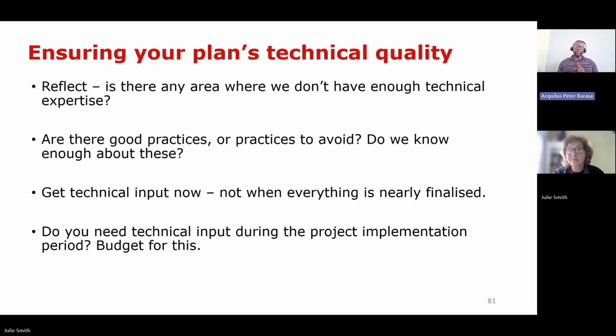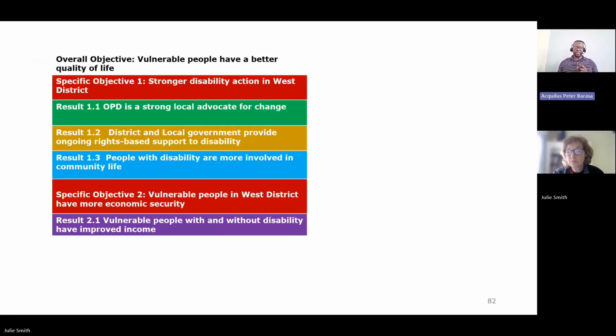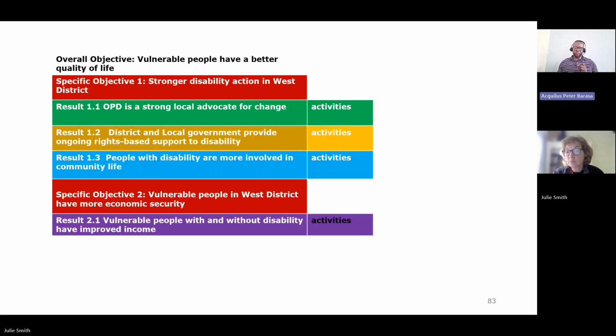There's no point writing a project design before you send it off for somebody to look at. And then you can start to develop a log frame like this and start to develop those activities around each of the specific result areas. Remember, not everything starts from the start of the first month. You might start working on result area 1 and not start working on result area 2 until 6 months in.